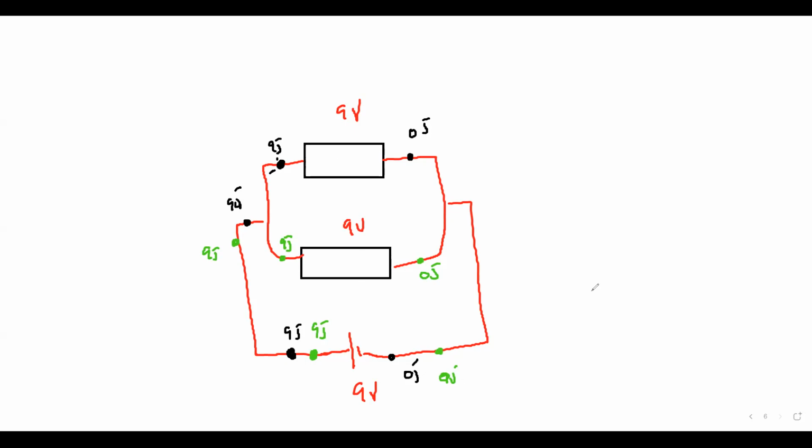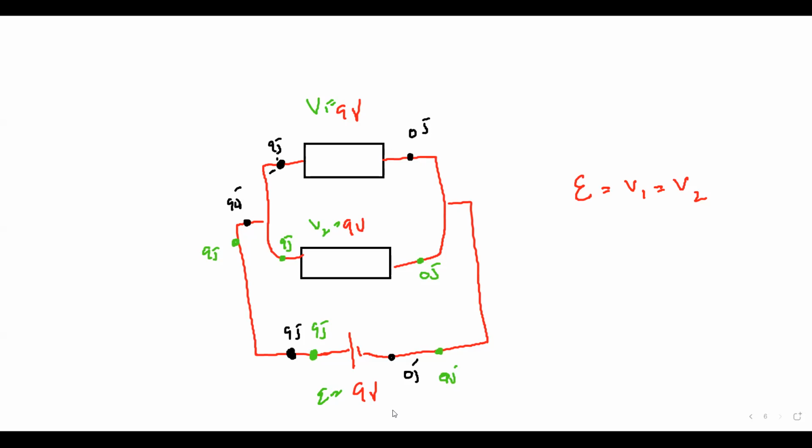So if the EMF is 9, the voltage across the first component is V1 and the voltage across the second component is V2. When we write the equation, we can say the EMF is equal to V1, which is also equal to V2. So remember, in parallel the voltage is the same, and in series the voltage divides between the components.